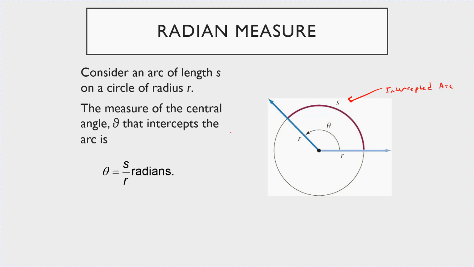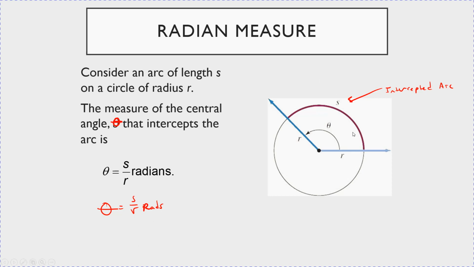The measure of a central angle theta that intercepts the arc, so the measure of this angle here in radians, you're just going to take the length s, that intercepted arc, and divide it by r, and then you're going to tack on radians. So you'll see me often write it like this, I'll write rads instead of radians, or sometimes I'll just put rad.